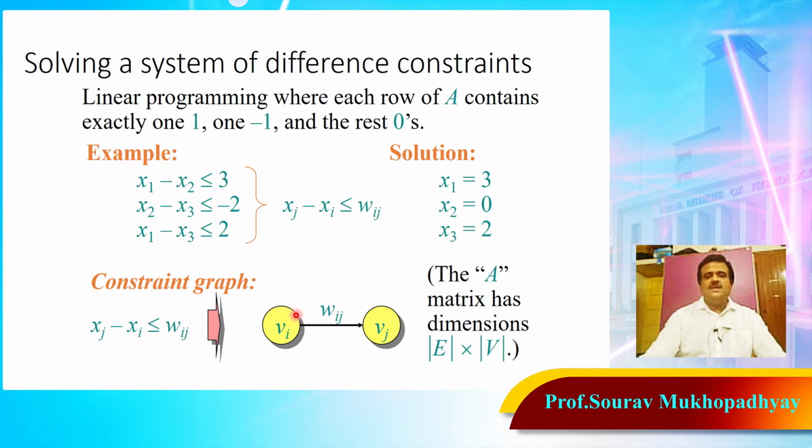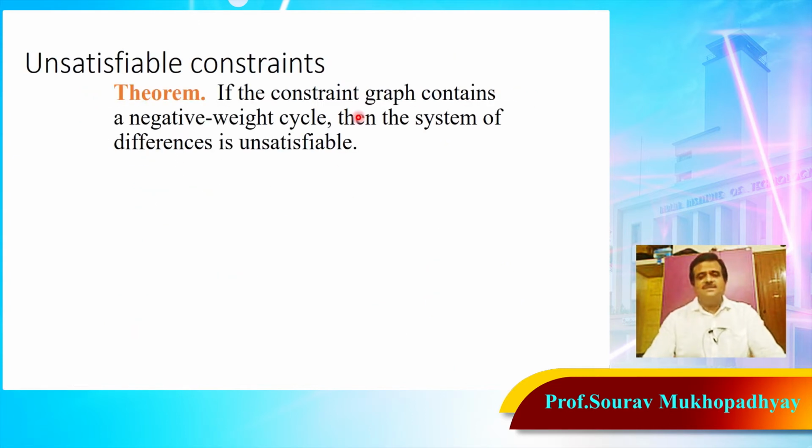So we have a graph, and the size of this matrix has dimension order of V by order of V. Now we can think about applying Bellman-Ford. If this graph has a negative cycle, then this system is not consistent, that means there is no solution of this system. That is called unsatisfiable.